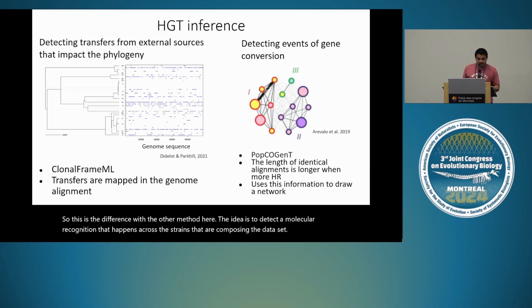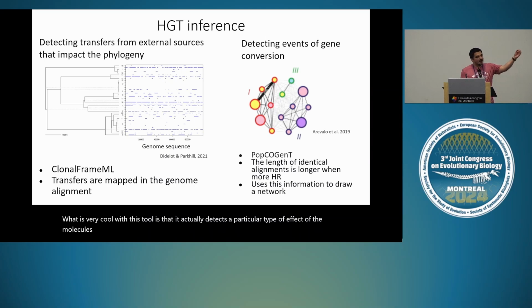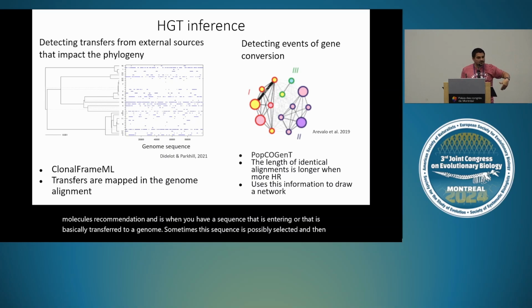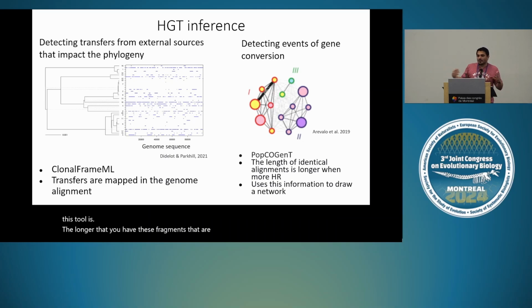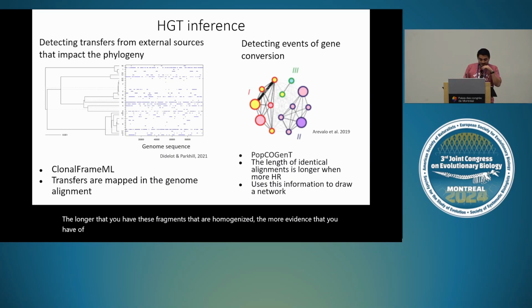What is very cool with this tool is that it detects a particular effect of homologous recombination: when a sequence is transferred to a genome, sometimes this sequence is selected, and then it sweeps through the population and causes a homogenizing effect. So the longer these homogenized fragments are, the more evidence you have of homologous recombination.